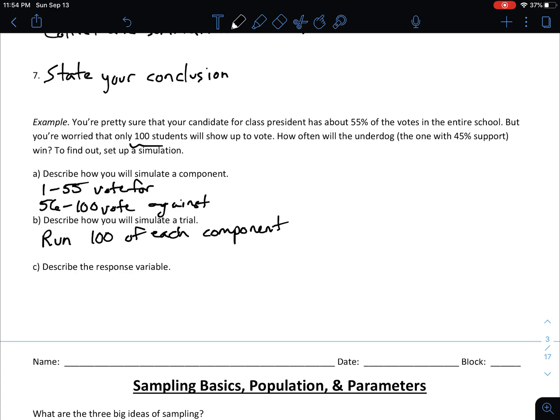We want to see how often our opponent wins. So anything where our opponent has greater than 50% would be a success, and anything less than 50% for our opponent would be a failure.